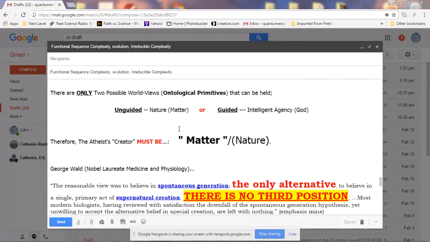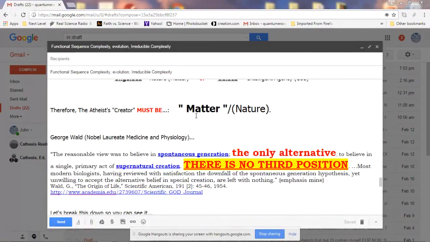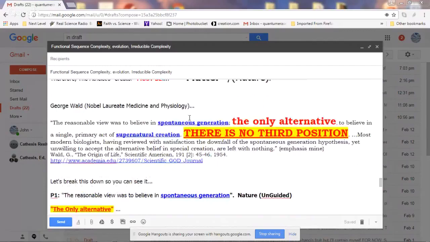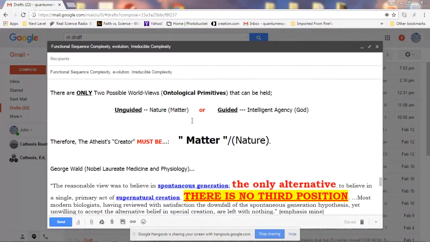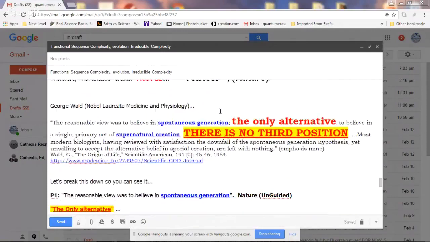Therefore, the atheist or materialist creator must be matter. If you only have two choices and you rule out one, well, you ipso facto follow the other, whether you like it or not. So this is prima facie that there are only two. However, I know better, so I'll support it. I'll provide a citation, and we'll go through it just like we did in the previous presentation.